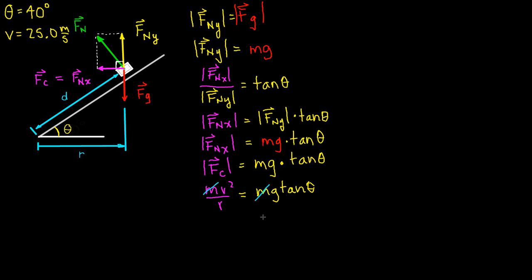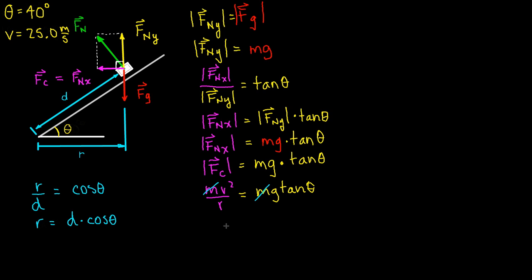Now somehow we're going to try and bring d into this. And so I use this relationship that r divided by d is my cosine of theta from my diagram. So r is in fact equivalent to d times cosine of theta.